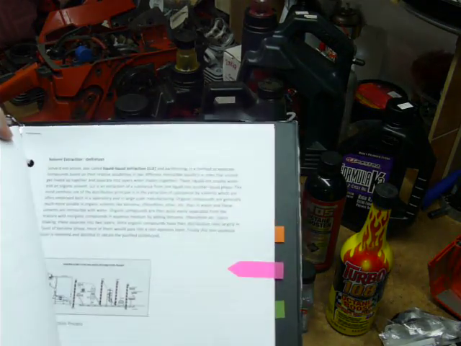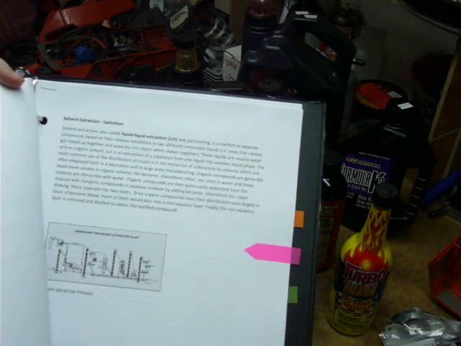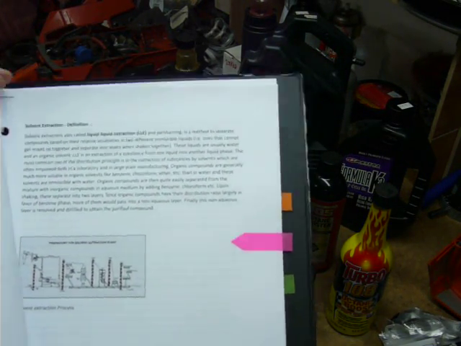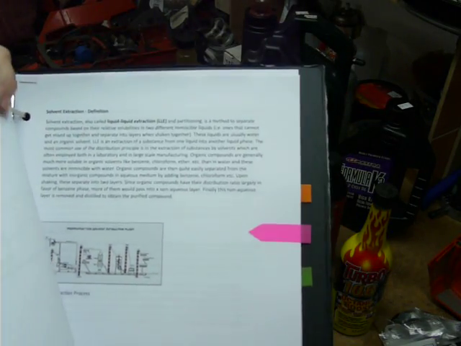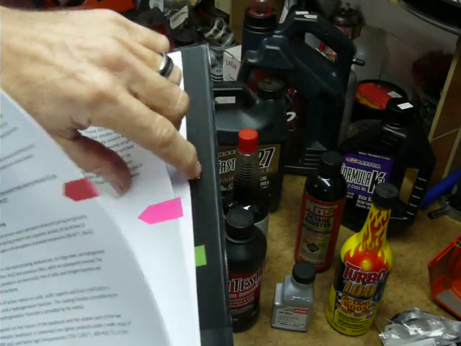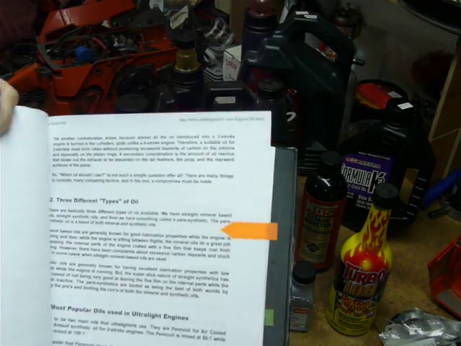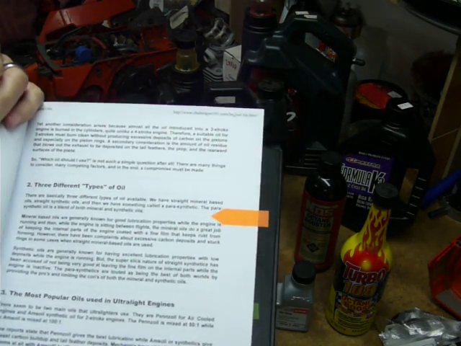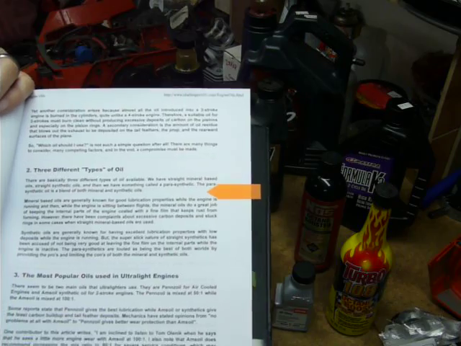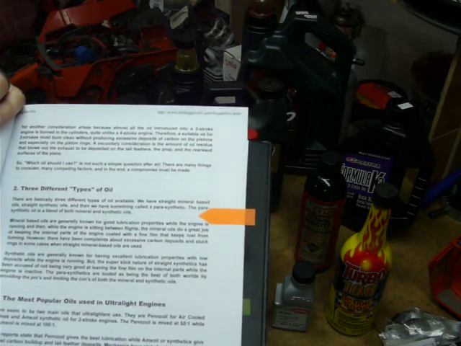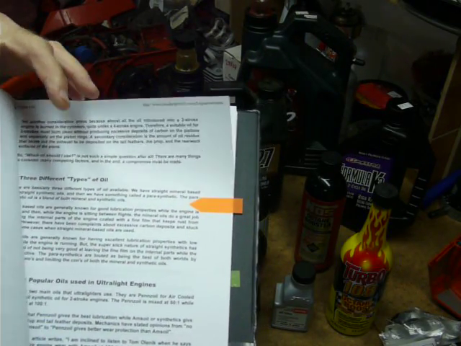Another part of the equation is solvent extraction, or what's called liquid-to-liquid extraction. That's another way to separate the crude. If we look further back, if you're looking at motorcycle mix oils, they talk about three different types: semi-synthetic, a mineral base, or a fully synthetic.